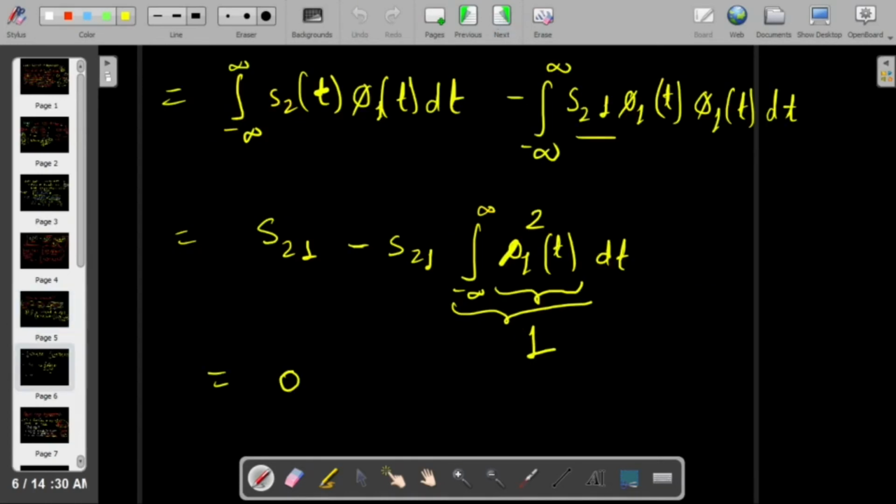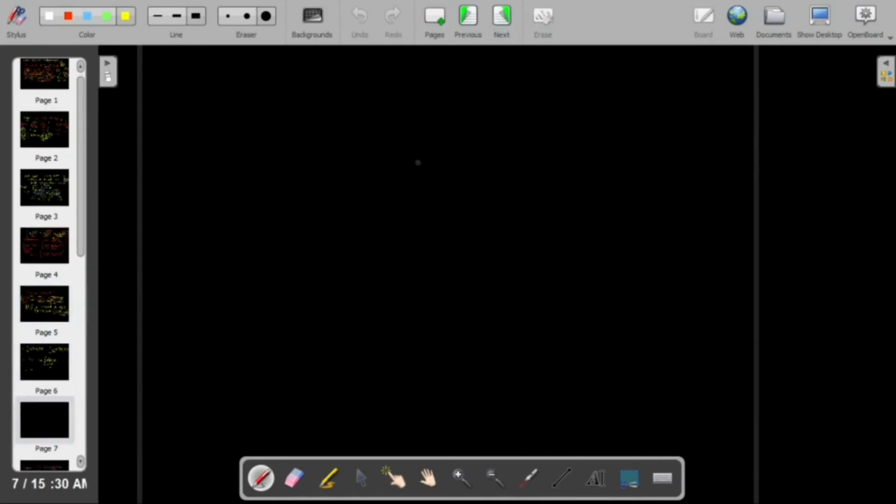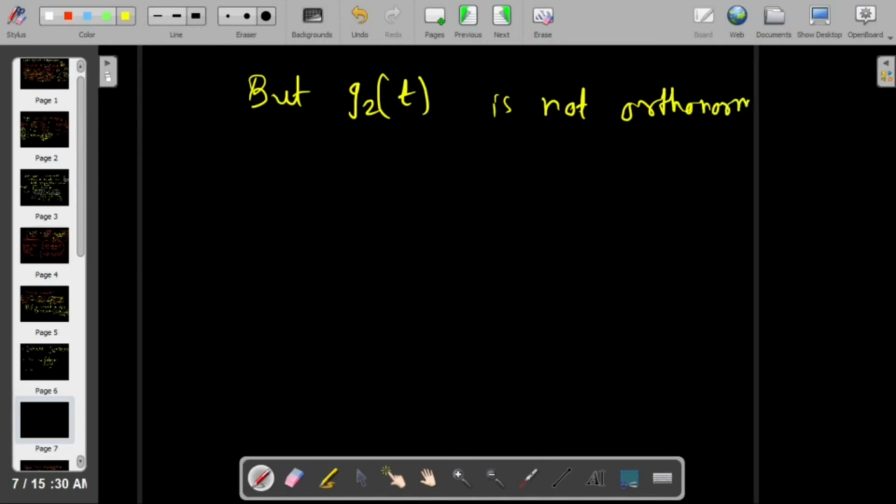Now we are somewhat near to our aim, that at the end we want phi 2(t), right? So we verified that G2(t) and phi 1(t) are orthogonal, but G2(t) does not have normalized energy, that is, G2(t) is not orthonormal. So we need to normalize its energy to 1, and let's denote that by phi 2 of t, which is our aim.